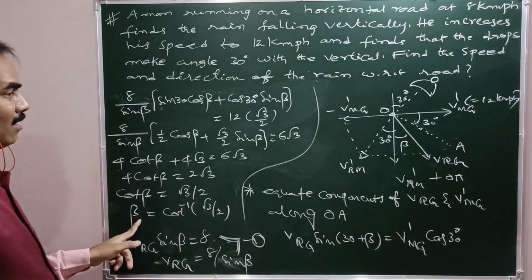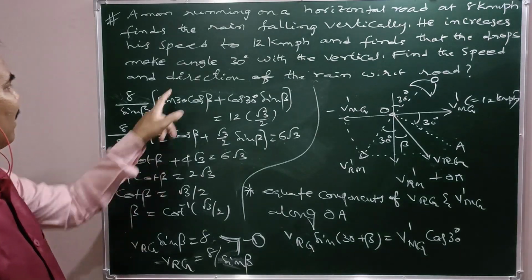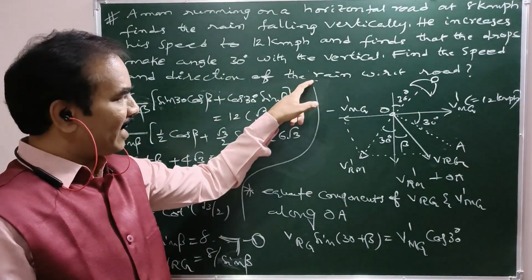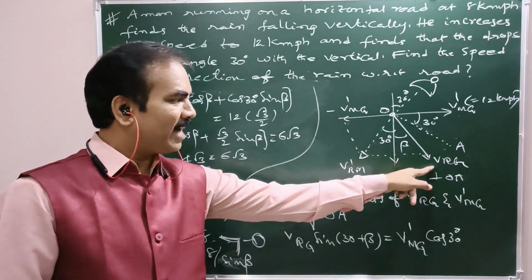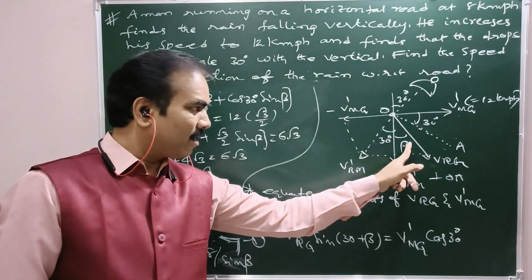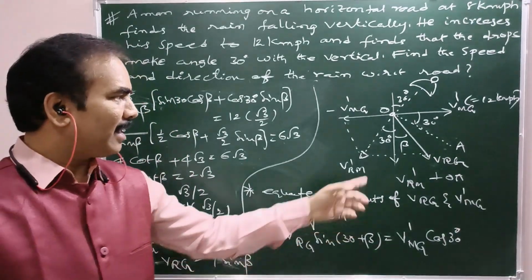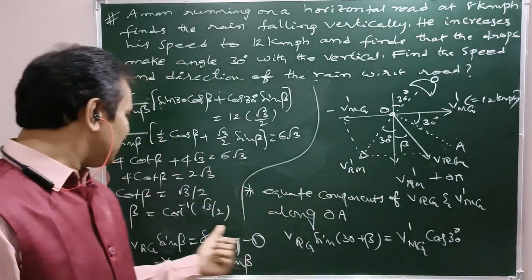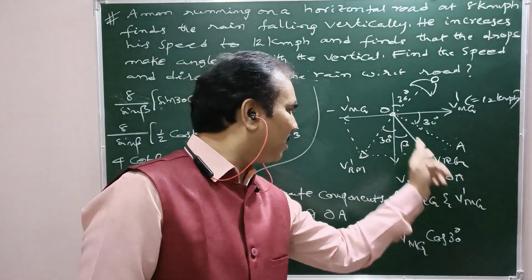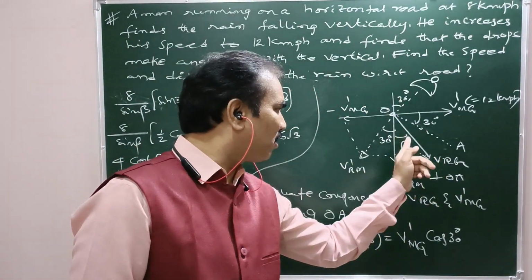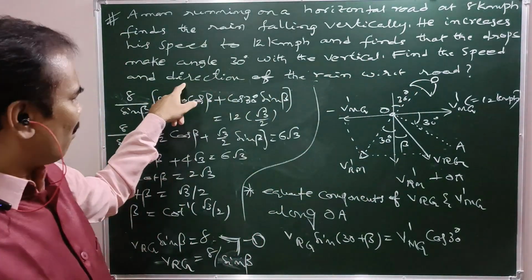So this is the direction of the velocity of rain, beta, with respect to ground. Here rain is actually falling at an angle beta, cot inverse root 3 by 2, with the vertical. This is the actual direction of rain with respect to ground. That is one question over.